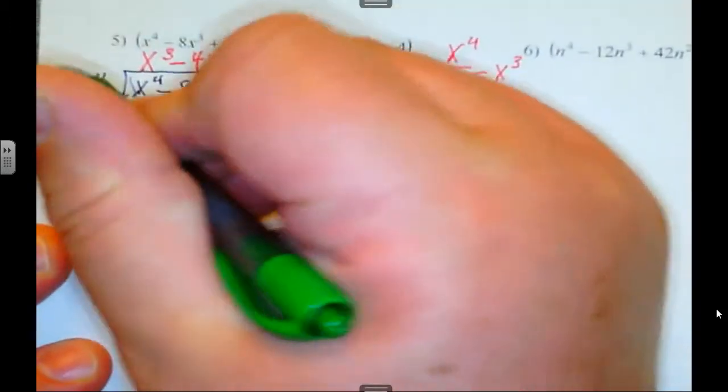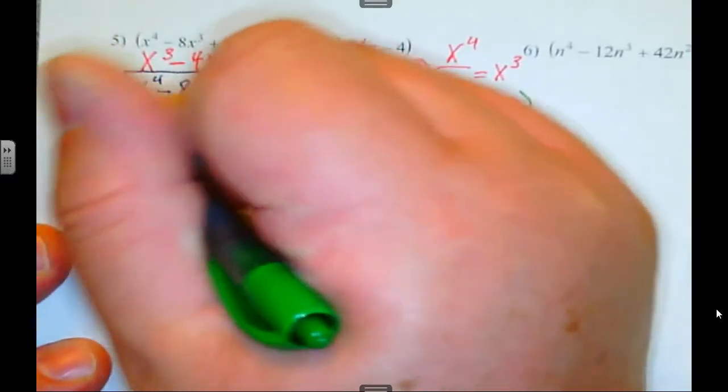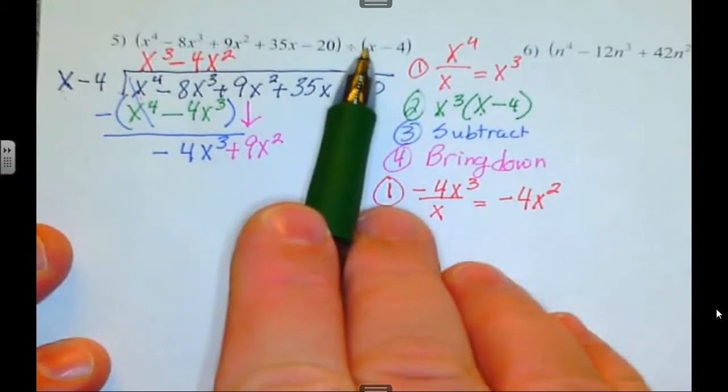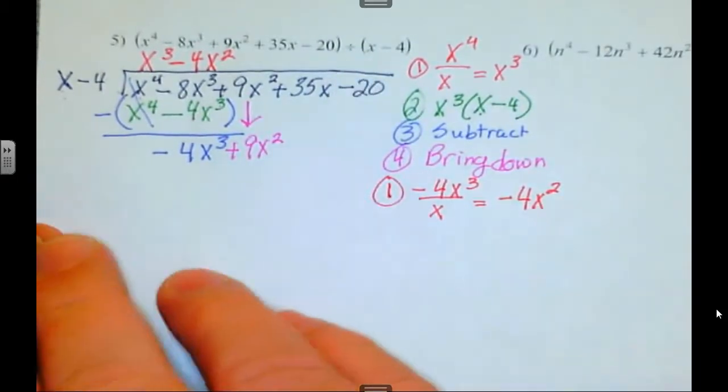Because that's the first term of my divisor, I just have an x.